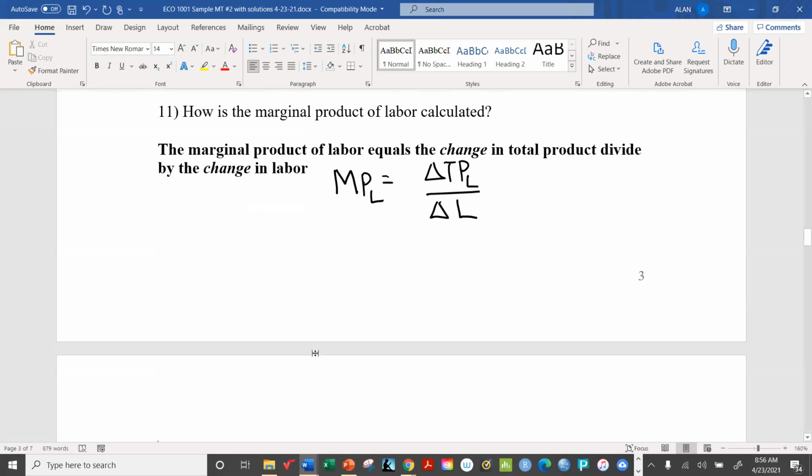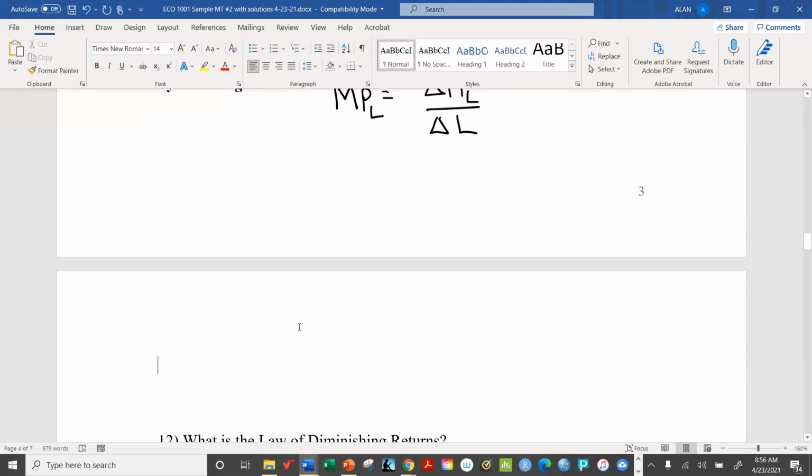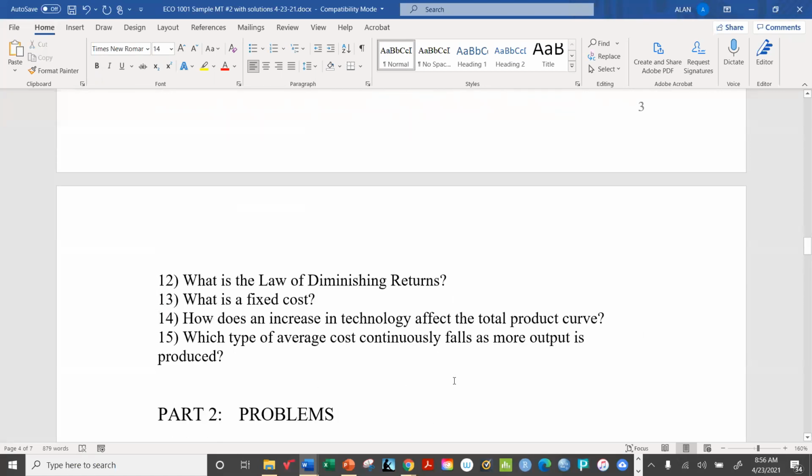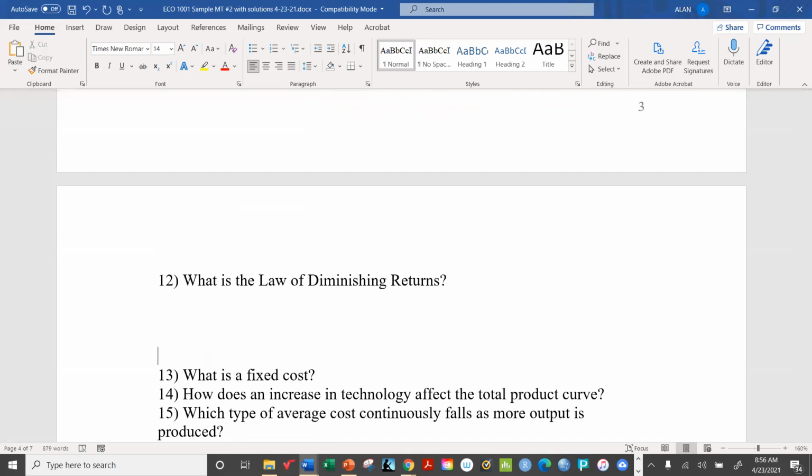All right, now let's see what's next. The law of diminishing returns. Okay, so this is all about the way output changes when we use more and more of a variable input.